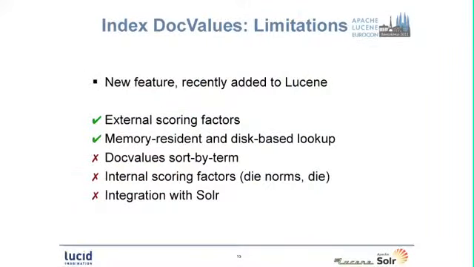There are some limitations. This is very recently added. Currently, you can load them all up in RAM, for example, for the scoring use case, or you can access them from disk, for example, for the document versioning use case. But you can't yet sort by term. This is one feature of doc values where you would basically build your field cache at index time.